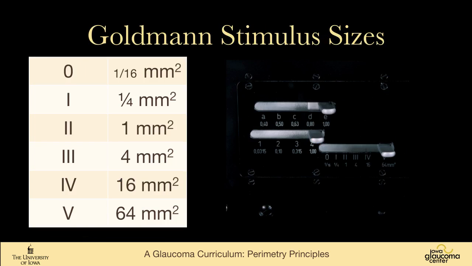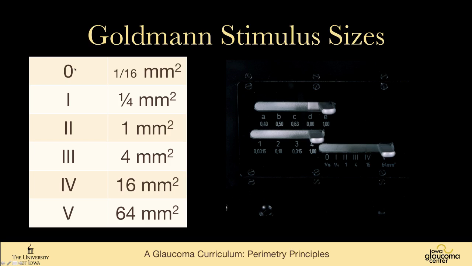This shows a controller on the back of the Goldmann machine where one can choose the size and intensity of the light, and it's vastly variable. The thing that's adjusted most is the size, so usually the light is kept maximally bright and just the size is varied.